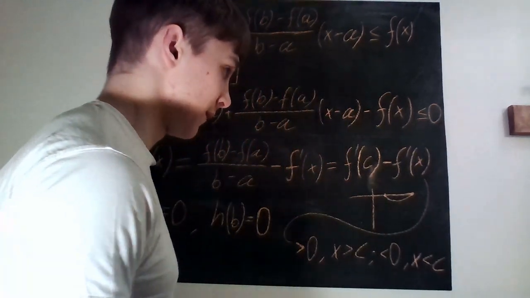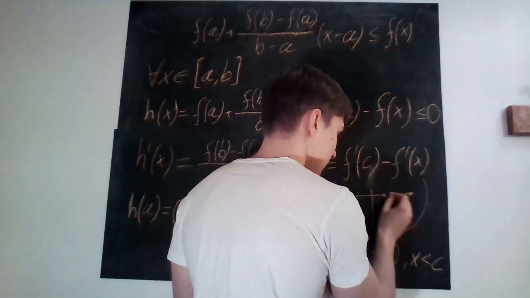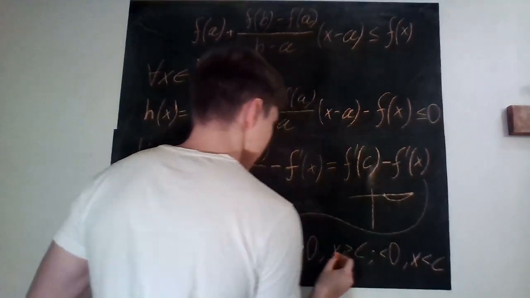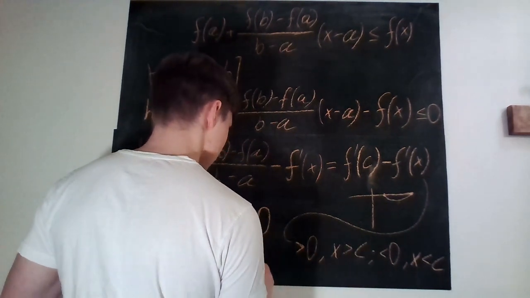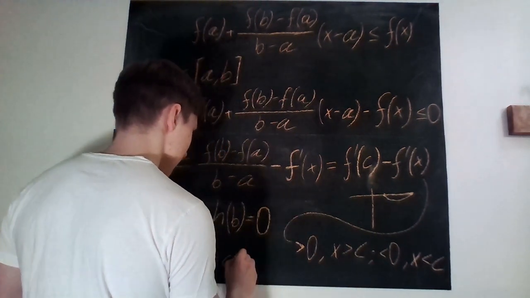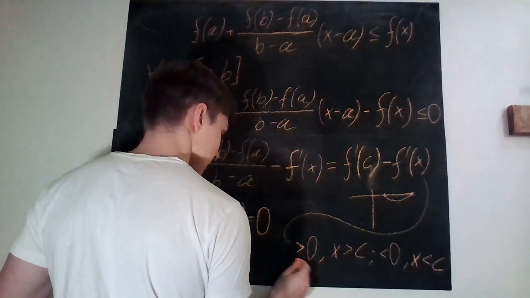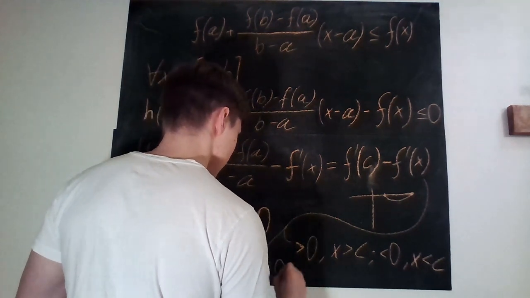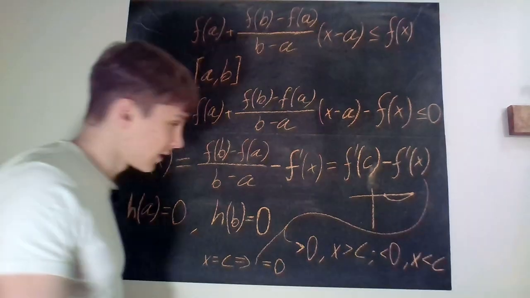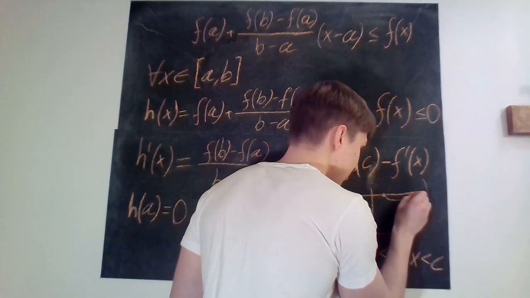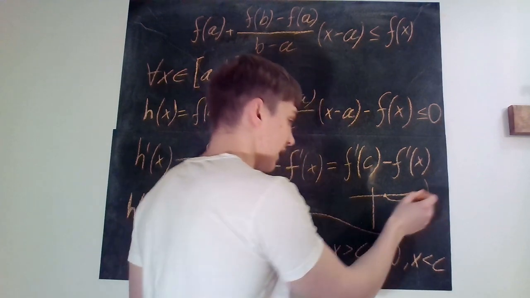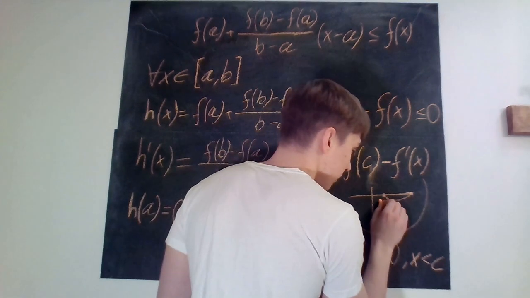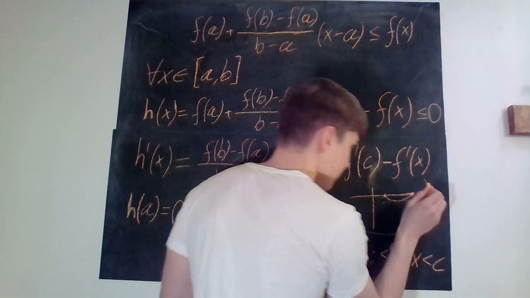So we know that we have 2 points here, and it's equal to 0 if x is equal to c. So therefore, we have 2 points where it intersects the x-axis, and we know that there's only 1 point where the derivative is 0.